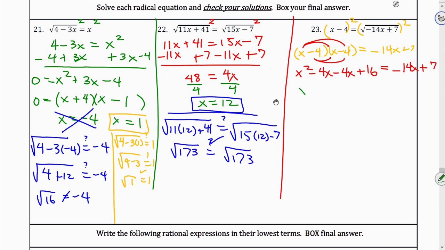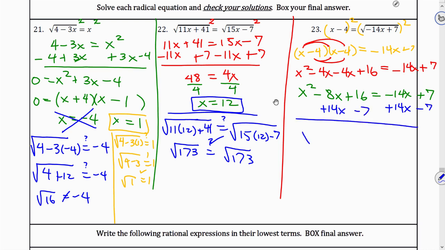Okay, so I get x squared minus 8x plus 16, and that's equal to negative 14x plus 7. Okay, and let's see here. I want to get everything to the left. This is a quadratic, so I'll get everything to the left so that I have a positive leading term. Plus 14x, plus 14x, minus 7, minus 7, and I have x squared.